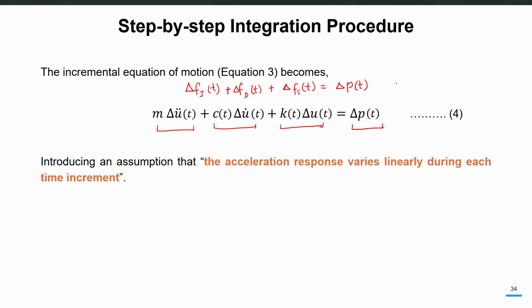This equation is a function of delta U, delta U dot and delta U double dot, which means that for any time instant, if we get these three values, the change in displacement, velocity and acceleration, we can add them to the values at time T and get the values of these functions at time T plus delta T. So our main unknowns are these three values.